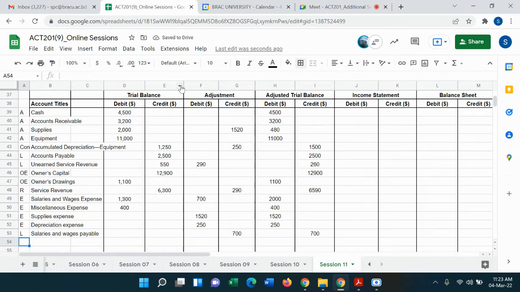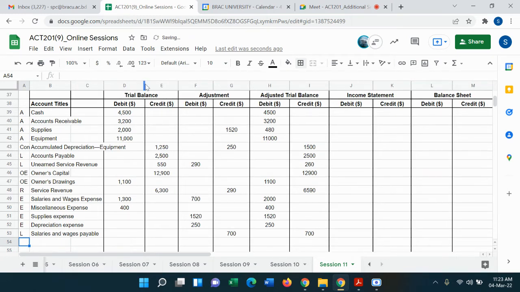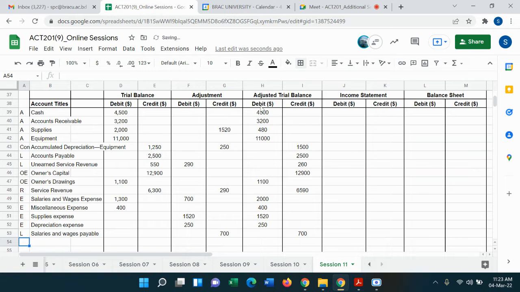So we identified the categories of all the accounts created for this example. Now all the expenses and revenues will transfer to the income statement according to their balance, and all other accounts will be transferred to the balance sheet according to their balance. Then the summarized income statement and summarized balance sheet will be prepared. Cash, you identified it's an asset. What should I transfer?